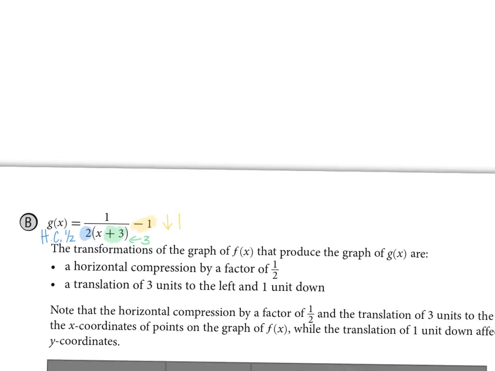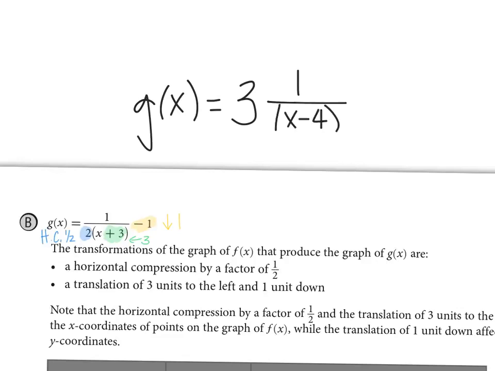So if you had A, just making this up, g of x equals 3 times 1 over x minus 4, plus 2. So it's like those mixed fractions. It could be here, or it could also be here on top. Either one would be the same thing, and that would be a vertical stretch or compression.